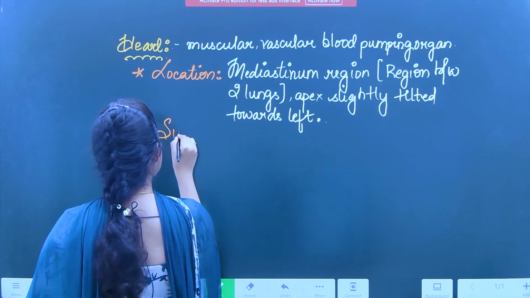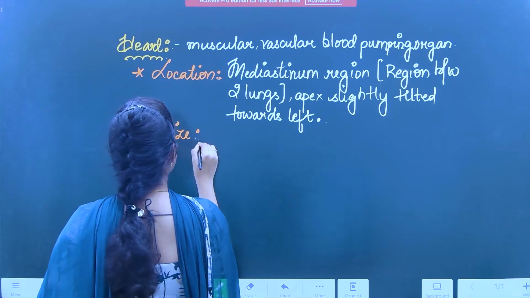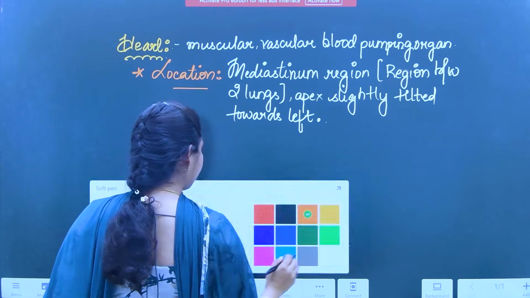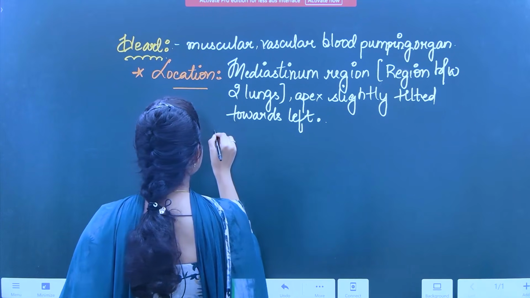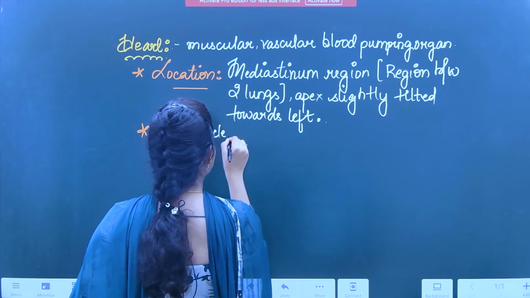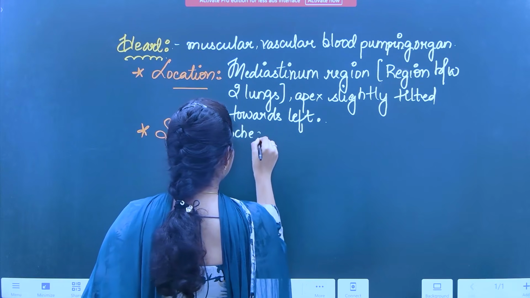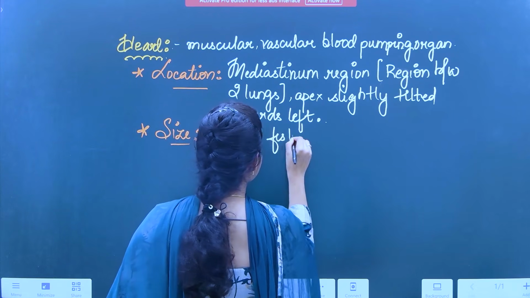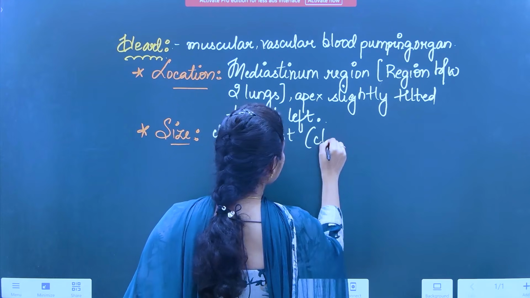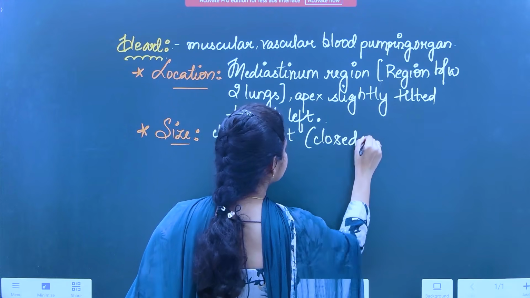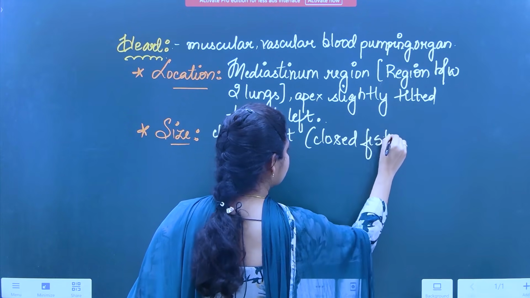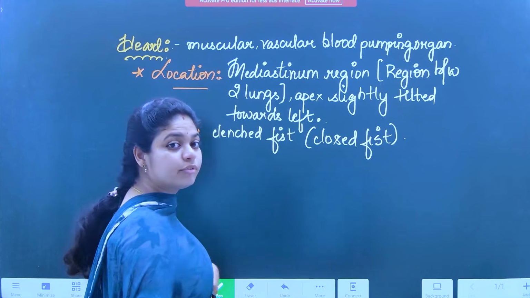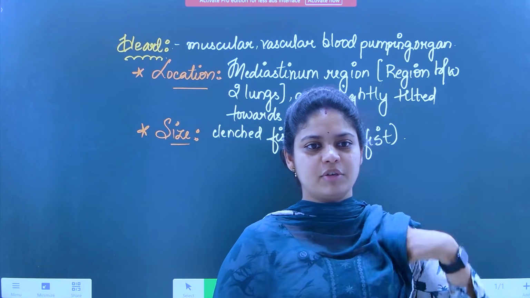We talk about the size. What is the size of the heart? The size of the heart is that of a clenched fist. What is clenched fist? Closed fist. The size of the heart is that of a closed fist.